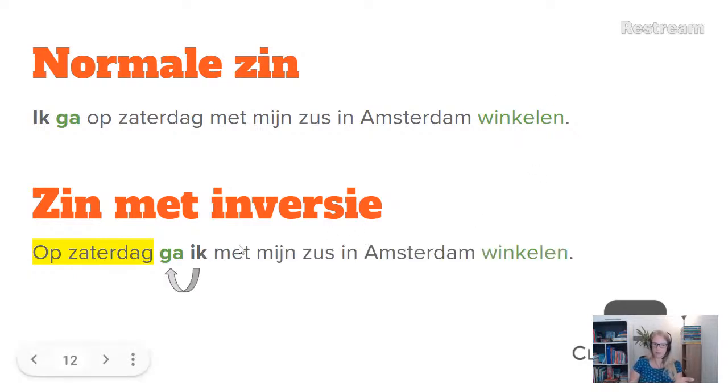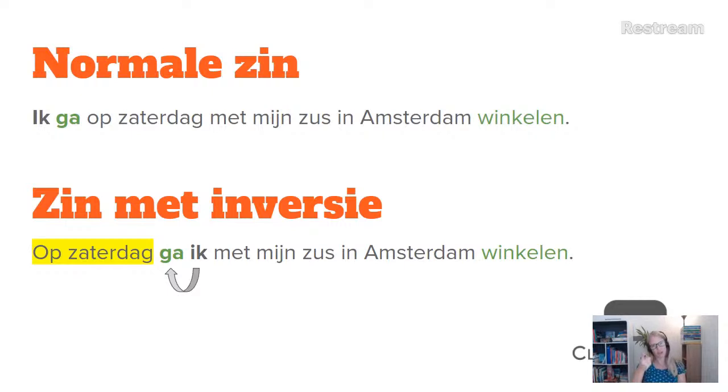So you still have met mijn zus in Amsterdam winkelen. This doesn't change at all. You don't have to apply a different logic all at once. The only thing that actually moves when you want to start with op zaterdag is the word ga. That's the only one moving, aside from op zaterdag, of course.